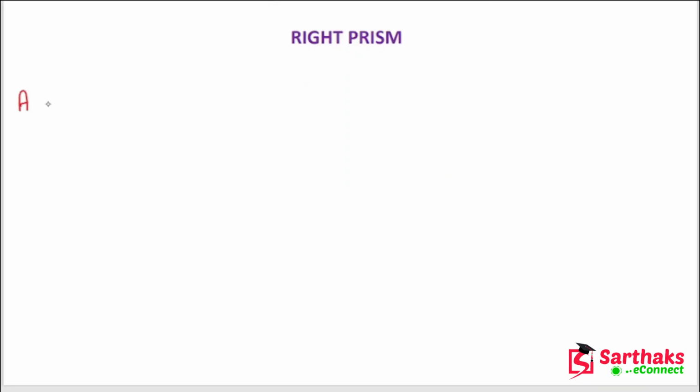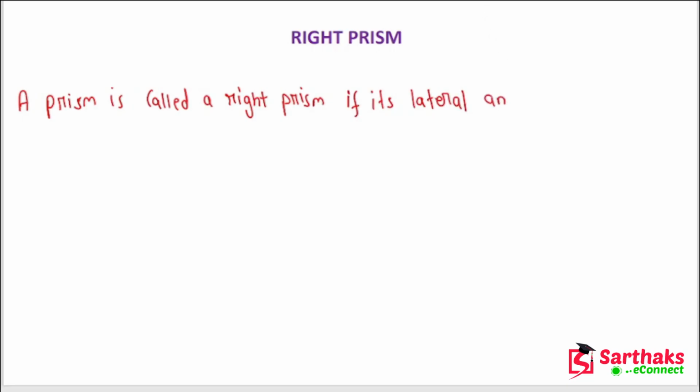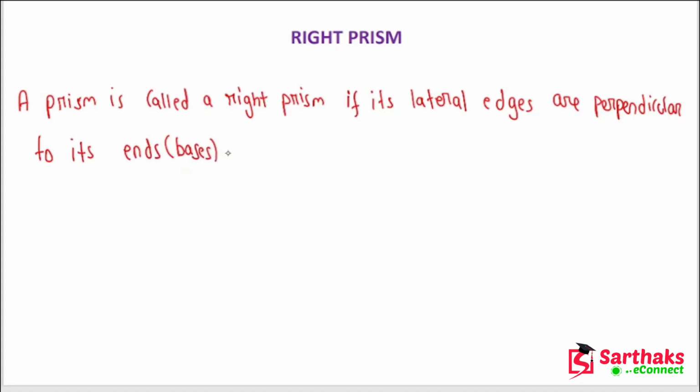A prism is called a right prism if its lateral edges, as I told you, are perpendicular to its ends, that is, the bases.